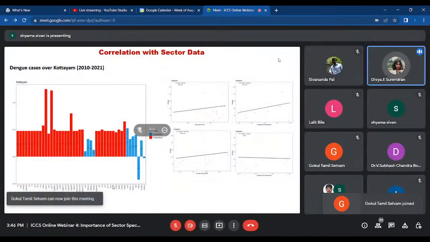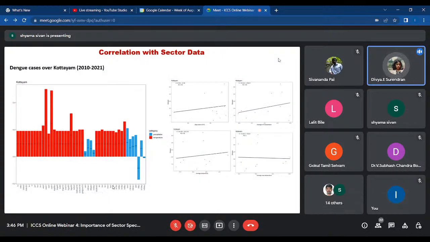So a very high amount of rainfall is not suitable for the breeding of the dengue mosquito or dengue vectors. Like that, you can compare which indices have a role in the sector you are studying. Similarly, the next slide.